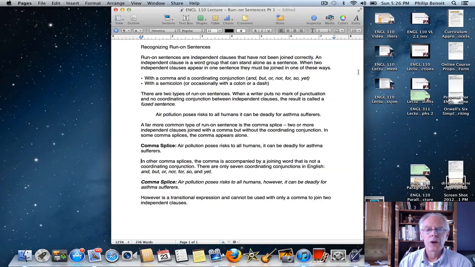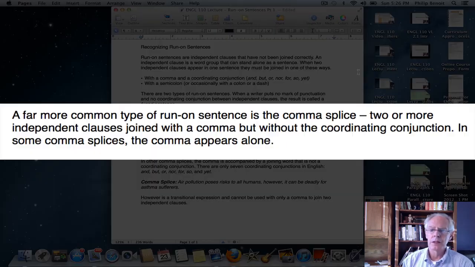So, a far more common type of run-on sentence, though, is called the comma splice. And the comma splice means that you have two or more independent clauses, and they're joined with a comma, but they do not include the essential and required coordinating conjunction. So in some comma splices, the comma just appears alone. So here's a comma splice.